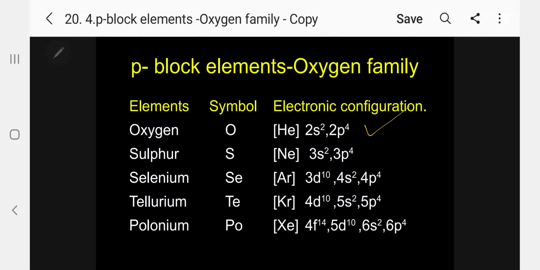It is 2s2 2p4 for oxygen, sulfur 3s2 3p4, selenium 4s2 4p4, tellurium 5s2 5p4, polonium 6s2 6p4. We have already discussed the sixth electron in the outermost. That's why, by mutual sharing or by accepting of electrons, the -2 oxidation state is common in the oxygen family.